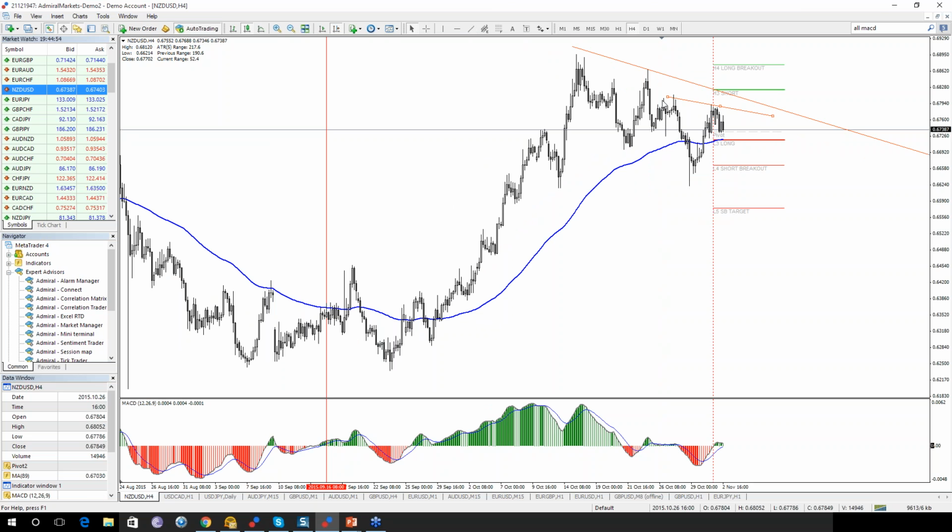Now, yes, we see a slight bullish outlook here, which could be an inverted head and shoulders, because there is a left shoulder, head, right shoulder. But look, this is high, this is low, this is lower high, this is lower low. Now this is lower high.